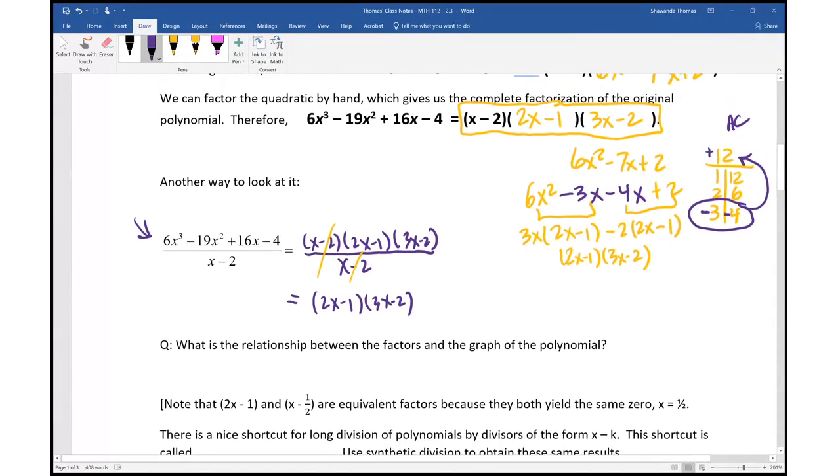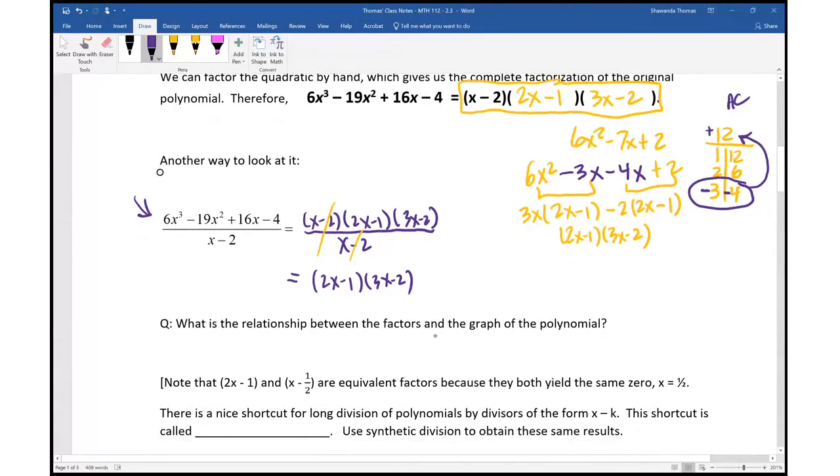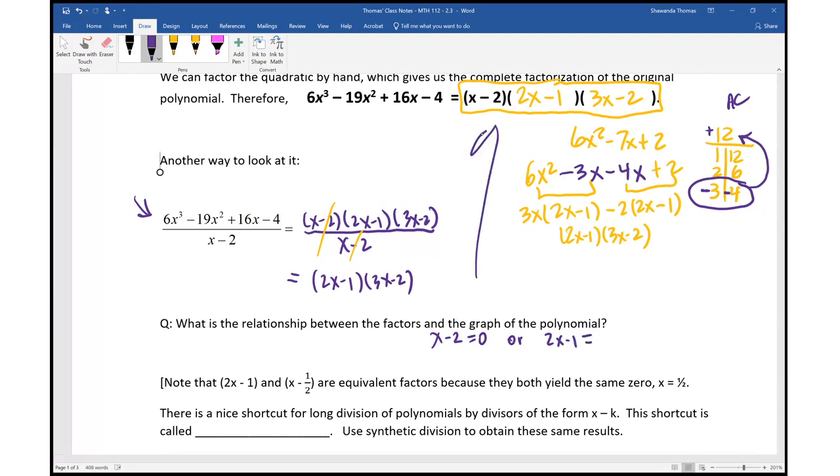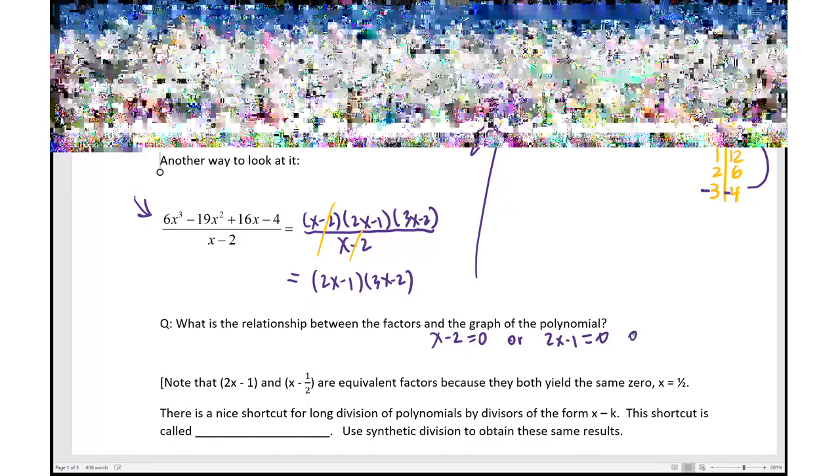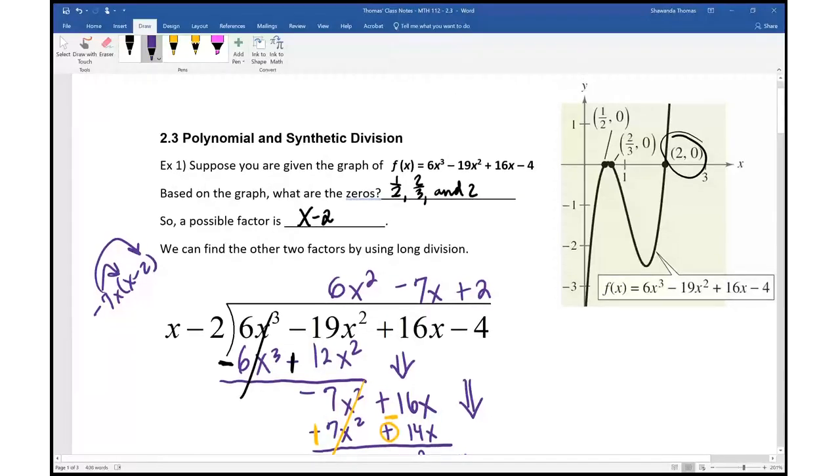All right. Now we're going to move on to the relationship between the factors and the graph of the polynomial. Well, if we set all of these factors to 0, because we factored everything completely right here, then you begin to see that we will get those zeros up here: 1/2, 2/3, and 2, right?